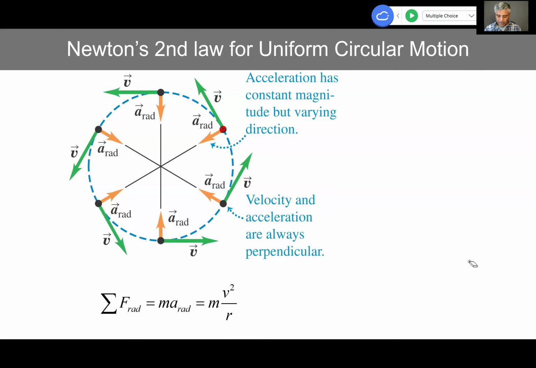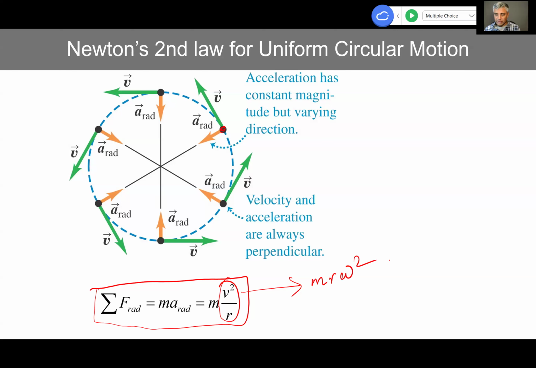And we write Newton's second law like this, just like I said before. So v square over r, or this can also be m r omega square, depending on what we know or what we are asked to find. So v could be angular speed or linear speed.